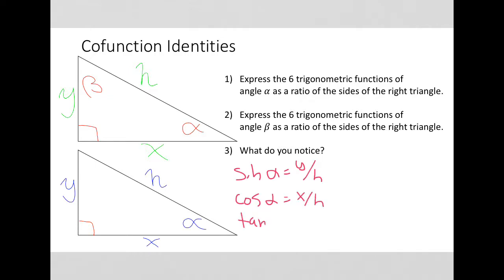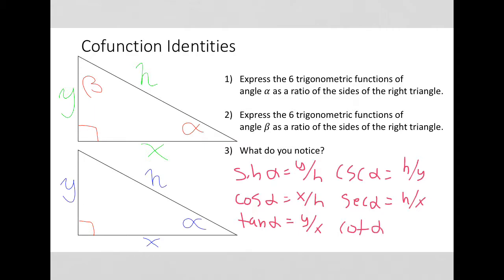And tangent of alpha is opposite, which is y, over adjacent, which is x. And then the reciprocals: cosecant of alpha is h over y. Secant of alpha is h over x. And cotan of alpha is x over y.